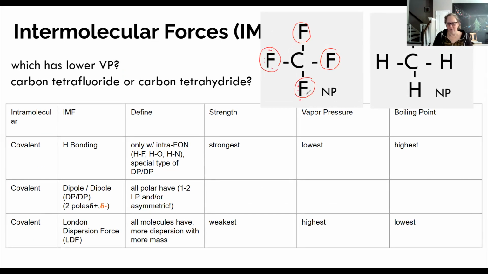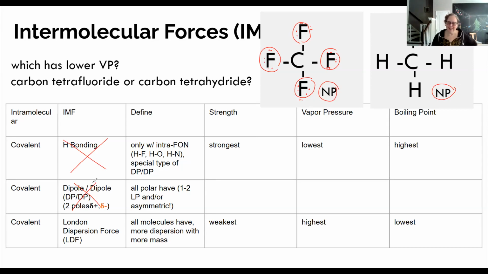It should have all those valence electrons there. So it has a high electronegativity difference, but it's all going to cancel out because it's symmetric. So no lone pairs and symmetric, nonpolar. Carbon tetrahydride, nonpolar. None of these have hydrogen bonding. None of these have dipole-dipole.